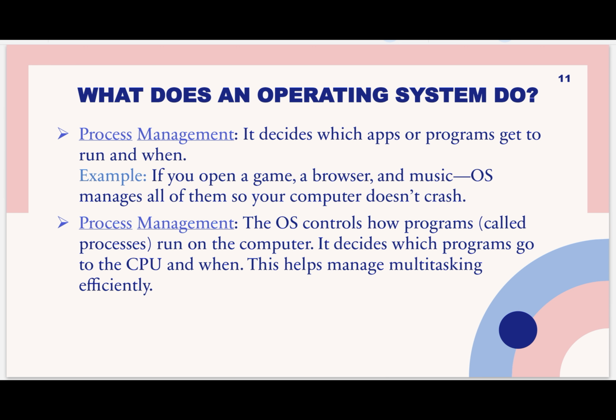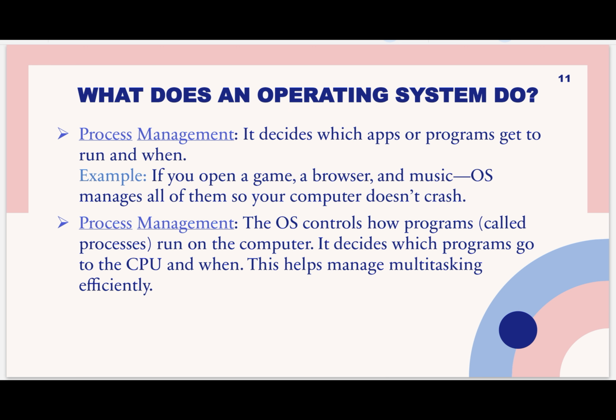For example, if you open a game, browser, or music, the operating system manages all of them so your computer doesn't crash. Means see, how much capacity does your computer have, who decides our capacity? Our RAM. If my RAM supports only 2 or 3 apps at a time, process management will allow only that many applications. It will not allow more than that. If it allows more applications, our phone or device may hang. So who takes care of that? Process management, which comes under the operating system, right?